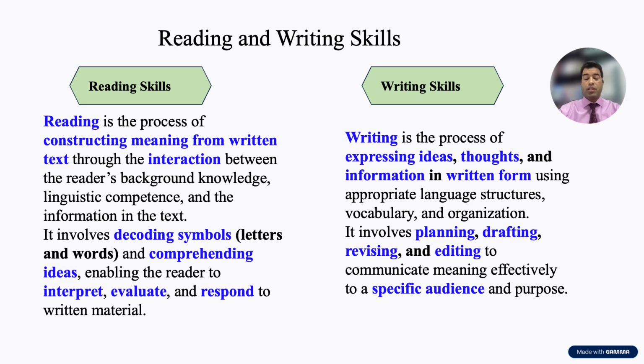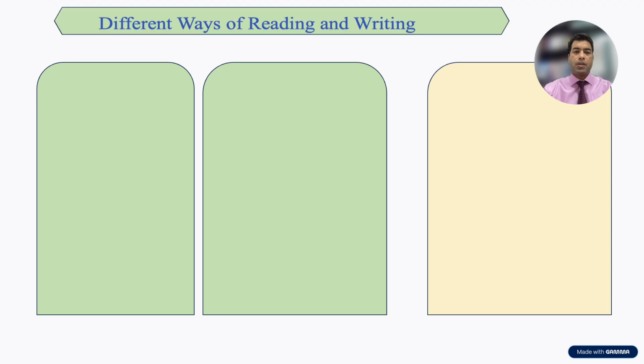The student first plans, then drafts, revises, and edits, and conveys meaning effectively to a specific audience. For example, a student is writing a piece of paper, giving a piece of writing in a specific context, expressing thoughts or ideas in the shape of words on paper.